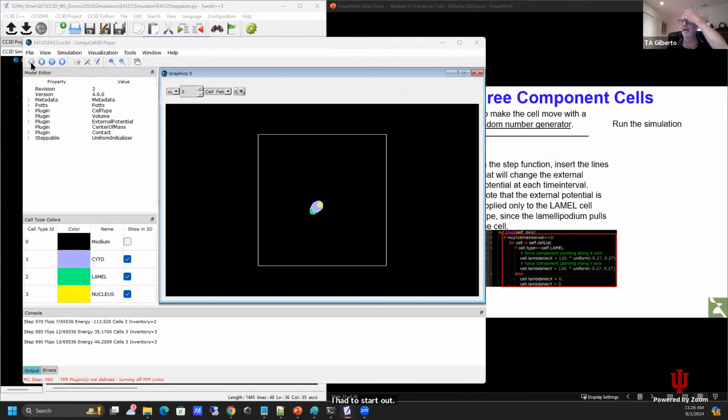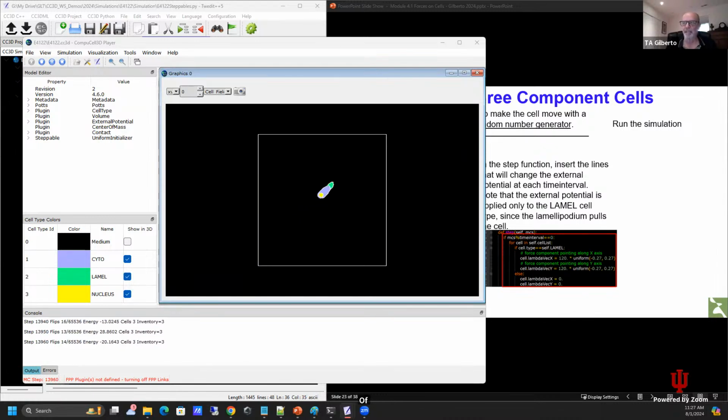Look, now the cell is changing its direction, and the cell is pulled by the lamellipodium because the force is acting only on the lamellipodium. It's good, isn't it? Now our cell is becoming similar to a real cell. Of course, the lamellipodium is always in the same place.